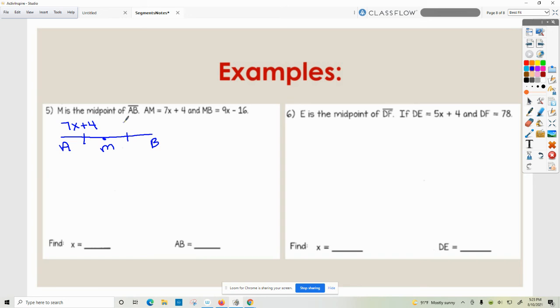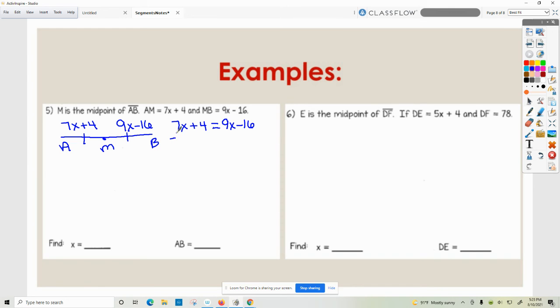And I know that M to B is 9X minus 16. So I'm going to do the exact same thing that I did with the bisector. You're going to have that 7X plus 4 equals 9X minus 16.